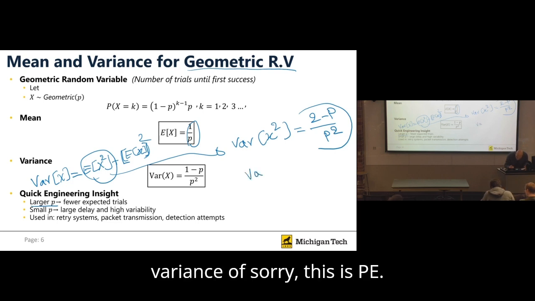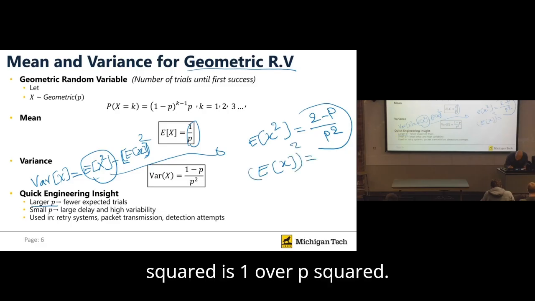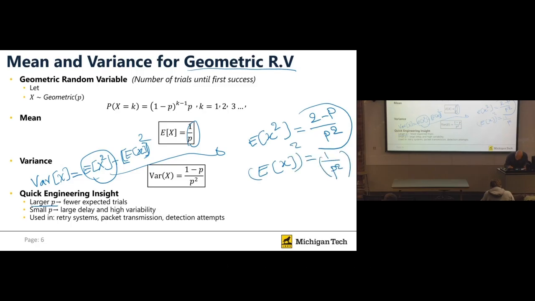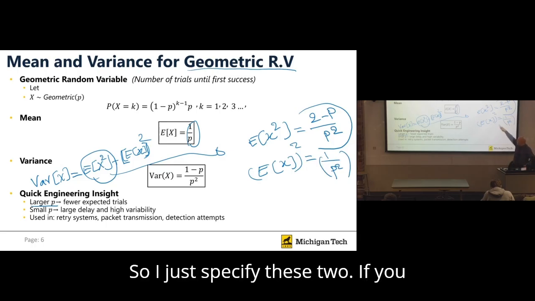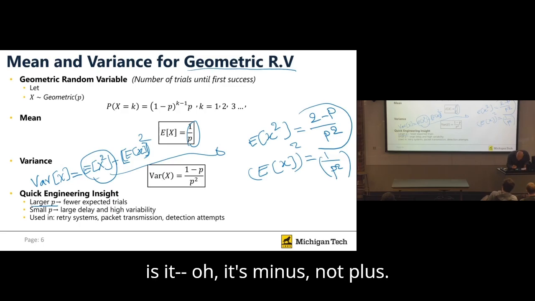Variance of, sorry, this is E, sorry, it's mixed up. And E of x, all squared, is 1 over p squared. So I just specified these two. If you put these two together and do this plus, oh, it's minus, not plus.